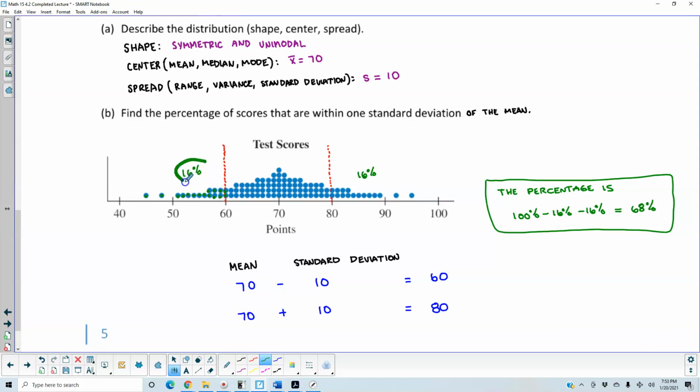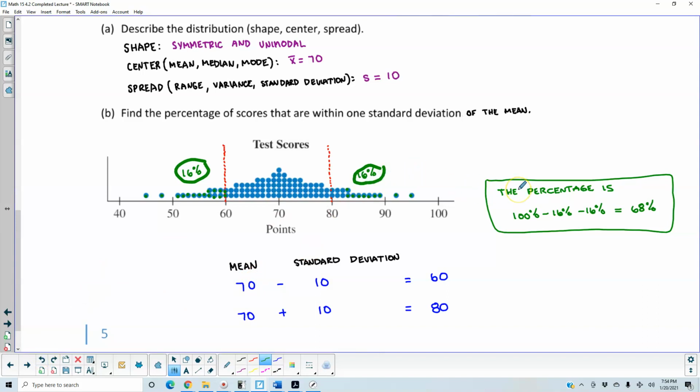So that gives us 16% on the left. And over here on the right side, you have 1, 2, 3, up to 16, so on the right side we have 16%.